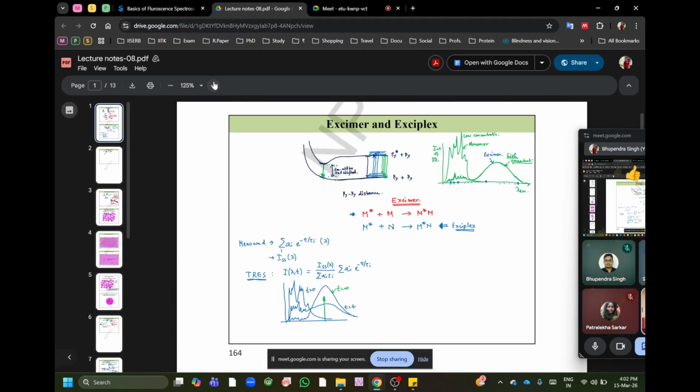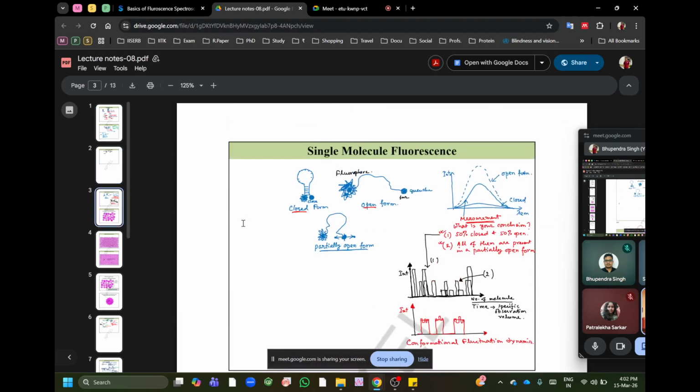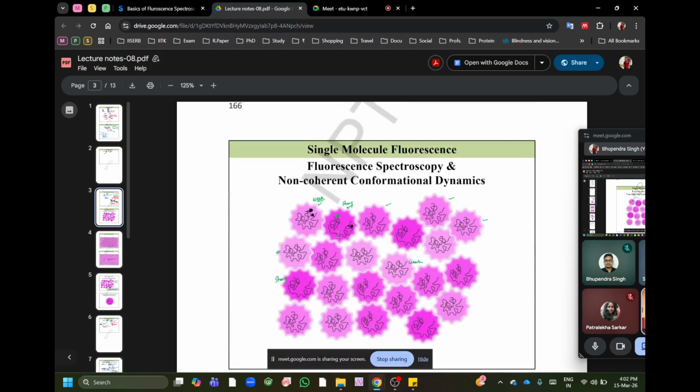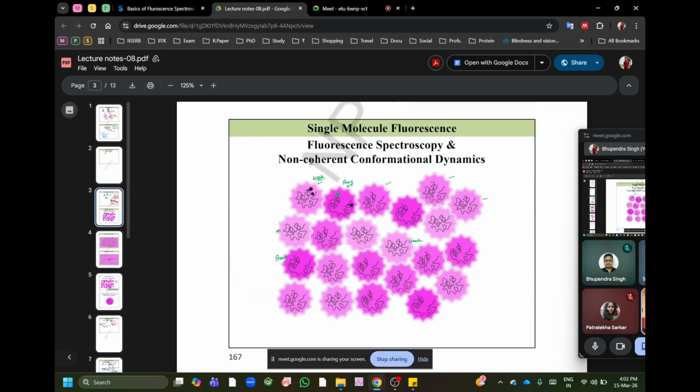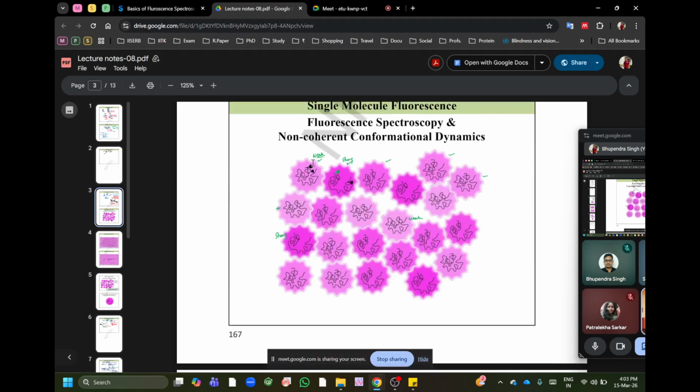Okay. So as sir has explained nicely here, see here, sir was talking about this closed beacon. This quencher molecule is close to your fluorophore. In this case, it is in open form, it is in partial form. What sir has tried to say in this picture is that here only one molecule is there, but in ensemble, a lot of molecules are there.